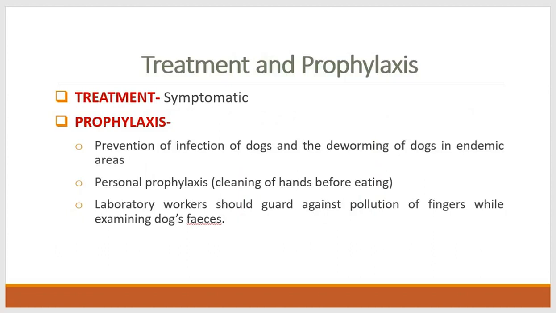Treatment is symptomatic in homeopathy, and prophylaxis is basically concerned with hygiene, by prevention of infection of dogs and the deworming of dogs in endemic areas, and by personal prophylaxis like cleaning of hands before eating, and lab workers should guard against pollution of fingers while examining the dog's feces.